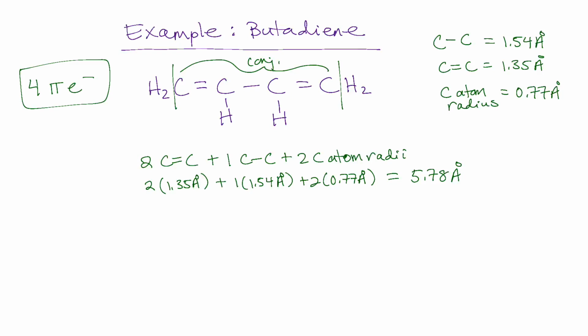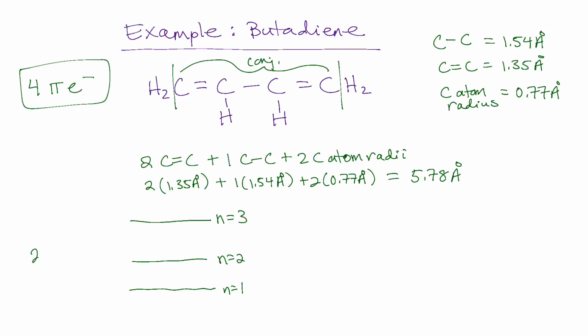So we'll just start drawing our lowest energy levels here for a particle in a box. n equals 1, n equals 2, n equals 3. You can go up higher in energy levels if you need to, but for this example, we're just going to start filling our energy levels with our pi electrons according to the Pauli exclusion principle.